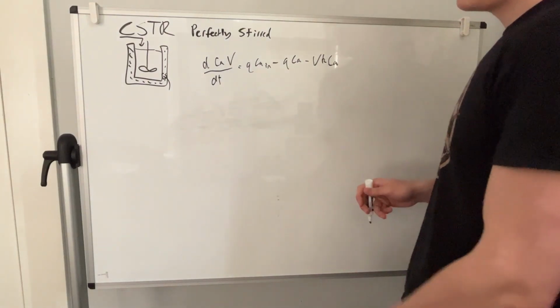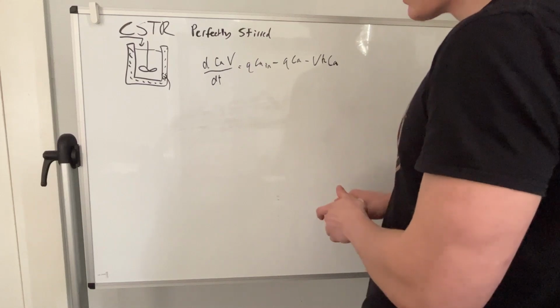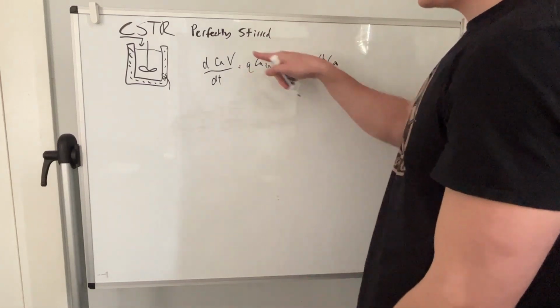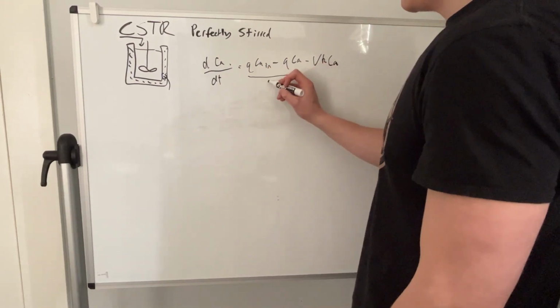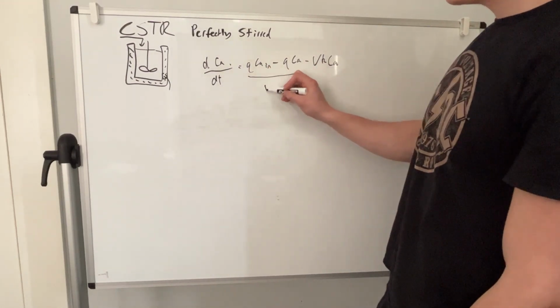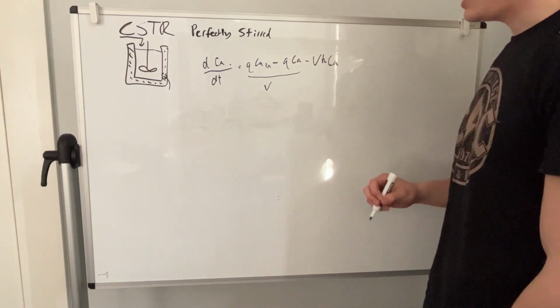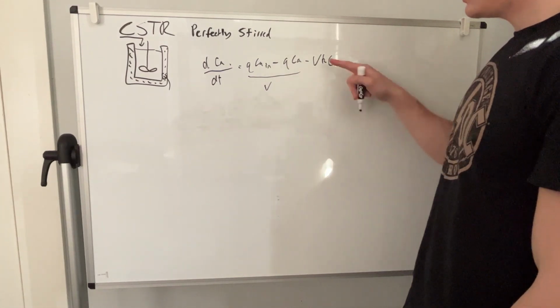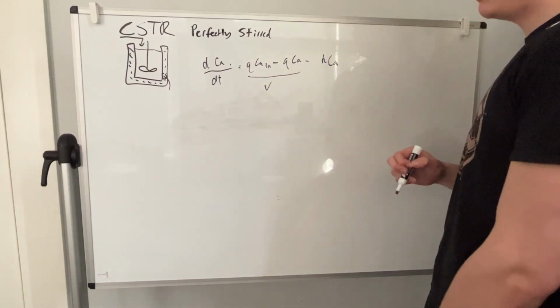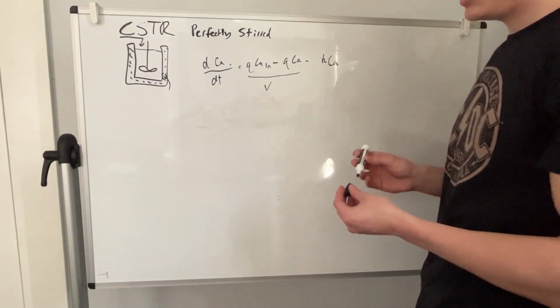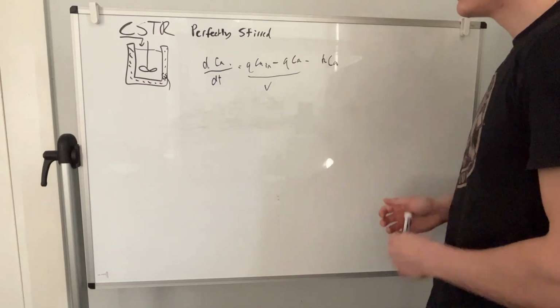And from here, since we know our volume is constant, we can take it out front and divide by V, getting us Q times CA in minus Q times CA of the tank over V minus our reaction constant times CA will be our change in the concentration of A in the tank.